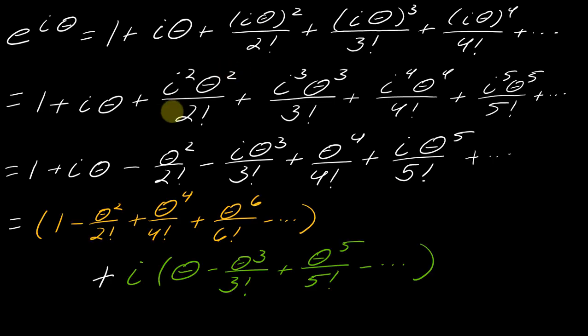So here are my terms with no i's, and they all end up being these even powers. And then I can factor i out of all the terms that have an i in them, and I get this set of terms here. Now, if you look at these two series closely for a moment, they might look very similar to other Taylor series that we've seen before.